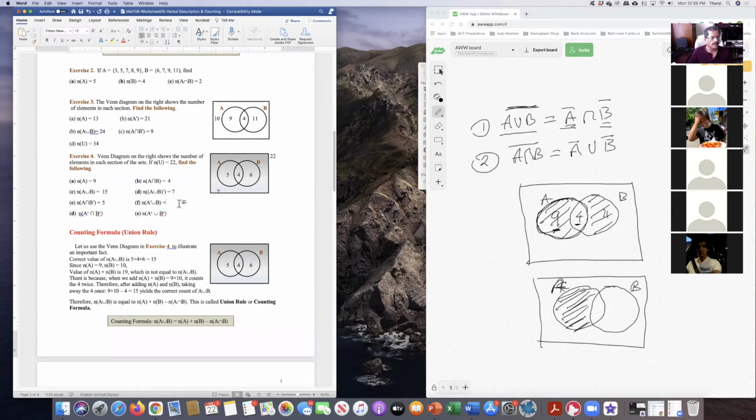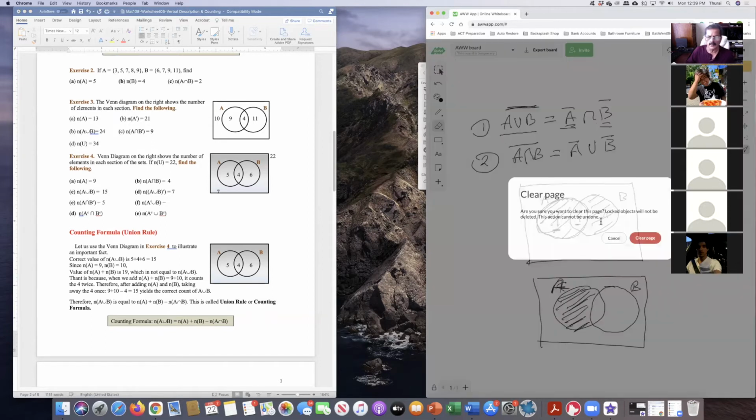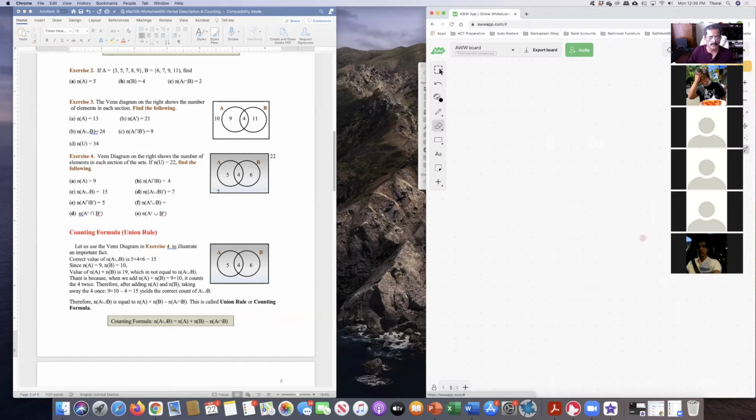A prime union B. 6. 13. A prime union B. Let's see. A prime union B. 10.